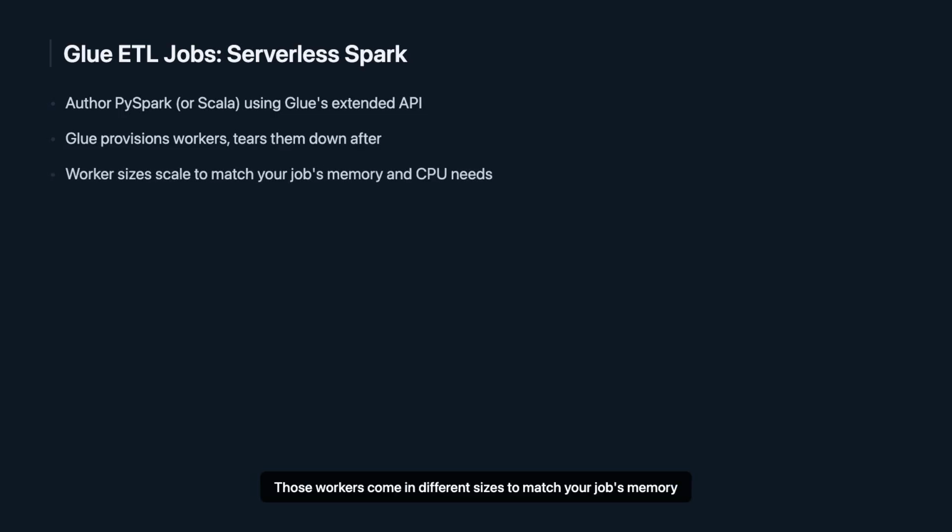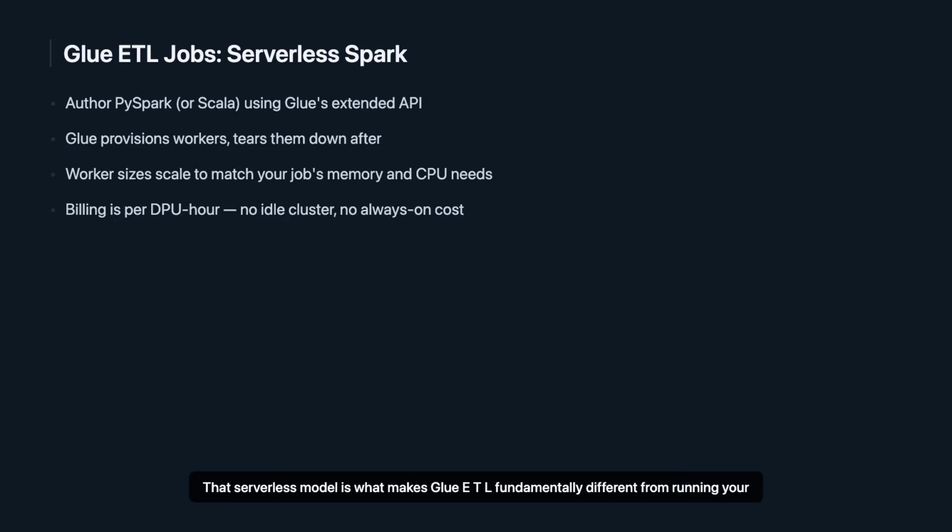Those workers come in different sizes to match your job's memory and CPU needs, and we'll go deeper on sizing in a later episode. And billing is per DPU hour of actual runtime, where DPU stands for Data Processing Unit, so there's no idle cluster sitting around and no always-on cost. That serverless model is what makes Glue ETL fundamentally different from running your own Spark cluster.